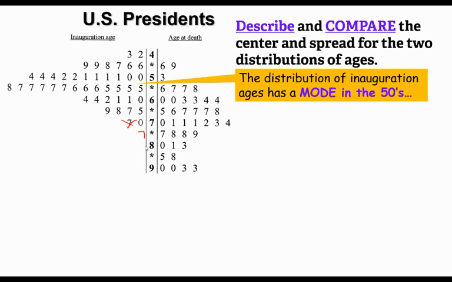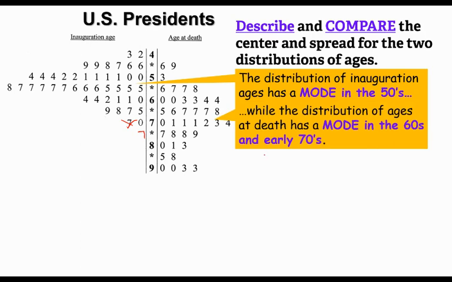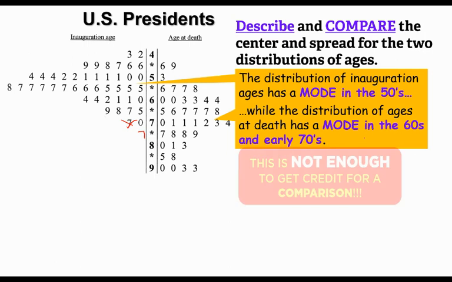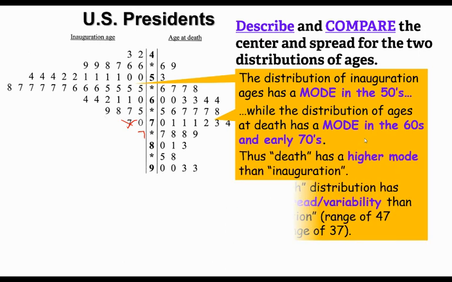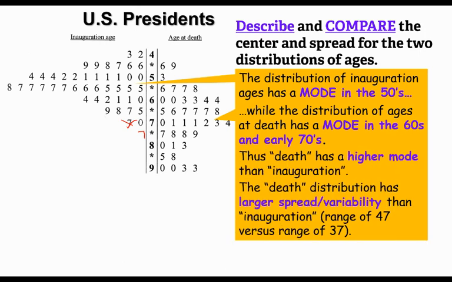And then we're going to say, okay, the distribution of inauguration ages has a mode in the 50s, while the distribution of ages at death has a mode in the 60s and early 70s. That is not comparison. Okay, not enough. You're just going through and reporting each thing independently. If you want to compare them, you have to use higher than or lower than. You can say this mode is lower than that mode. That's fine, but you have to use comparison.